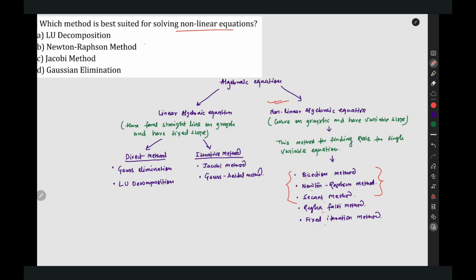So in the question, Newton-Raphson is given, so this is correct. Whereas we can see LU decomposition is a direct method. Here Jacobi is an iterative method. For linear solutions, Gauss elimination is also a direct method under linear. So the only non-linear one is Newton-Raphson.